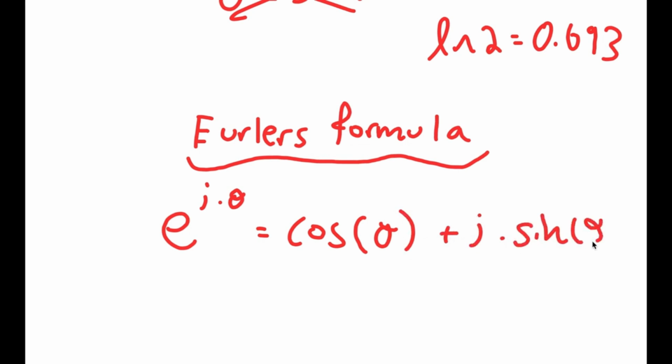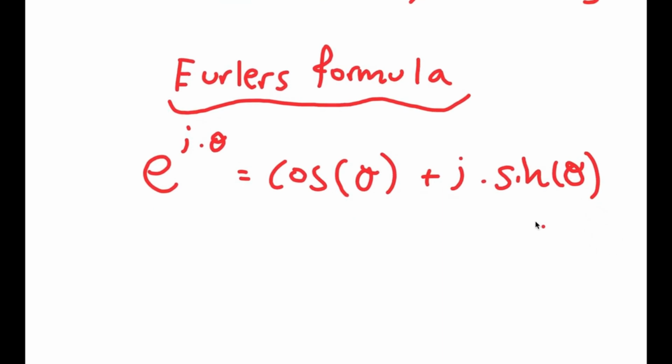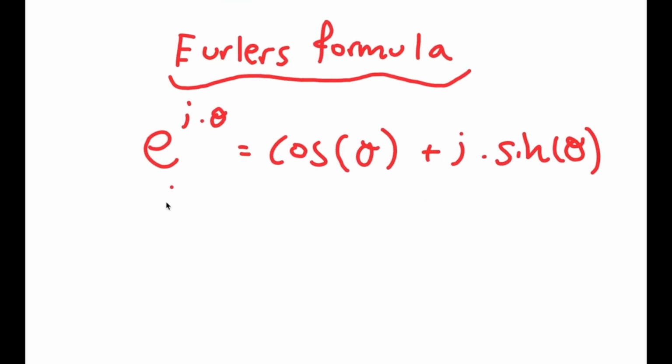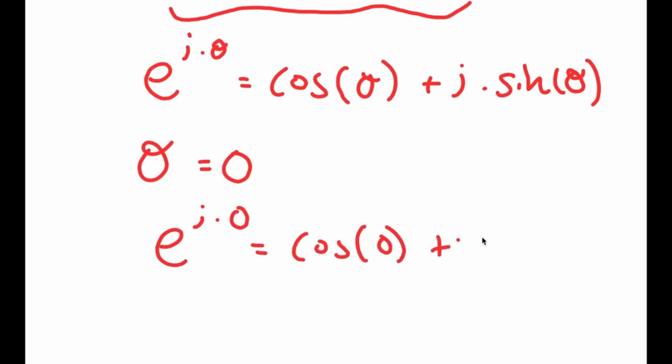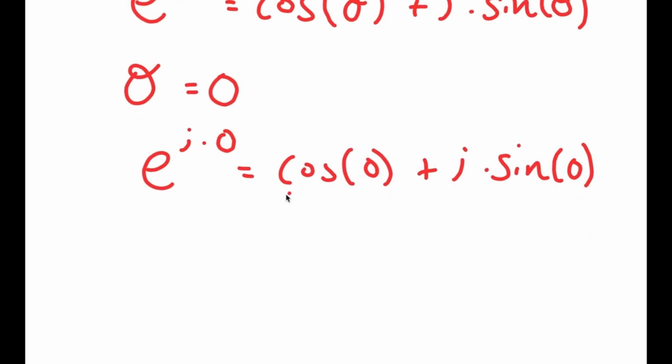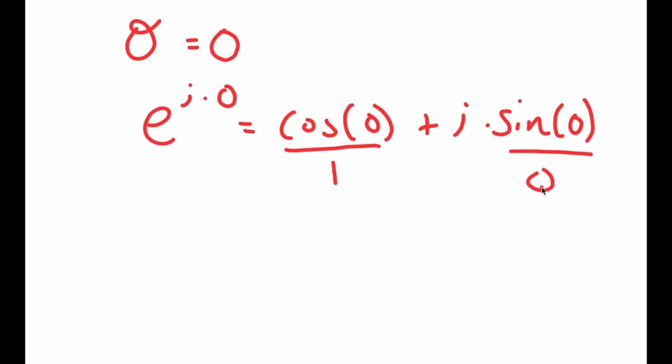And I know this may seem a little confusing right now, but let's walk through it. So what if theta is equal to 0? Then this means that I got e to the power of i times 0 is equal to cosine of 0 plus i times sine of 0. And cosine of 0 is equal to 1, and sine of 0 equal to 0.